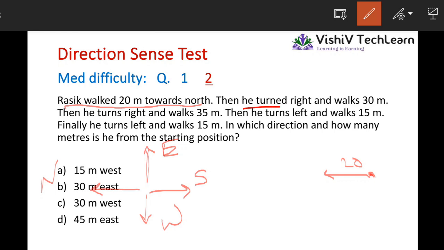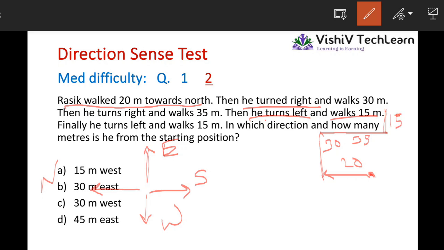Then he turned right. So the right of Rasik will be this side, and he goes for 30 meters. Then he turns again right. So right will be this direction, and he goes for 35 meters. Then he turns left. Left will be this side, and he goes for 15 meters.